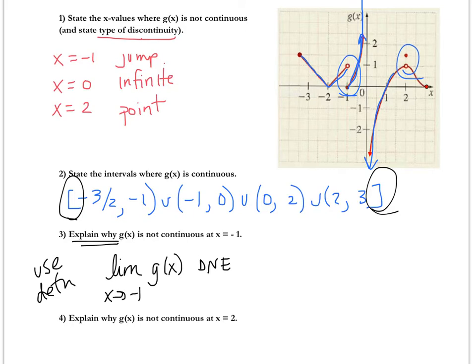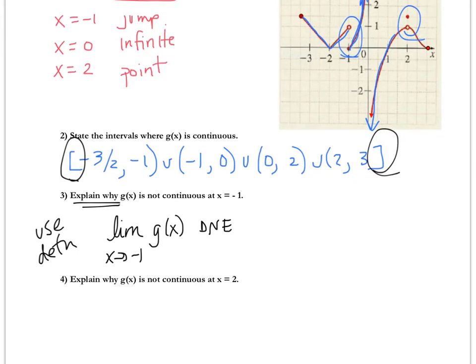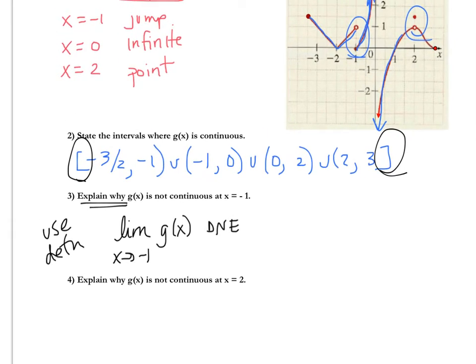When we look at part 4, we're trying to answer why it's not continuous at x equals 2. Now if we look at the graph here, we can see that the limit of the function is approaching 1, and the function value is 1.5. Since those are not equal, we can say that the limit as x approaches 2 of g of x is not equal to g of 2.